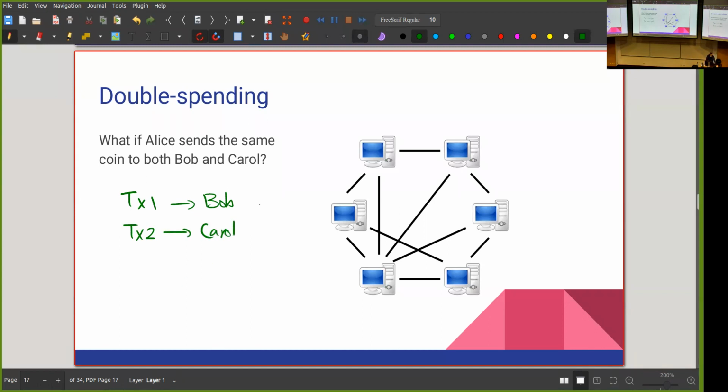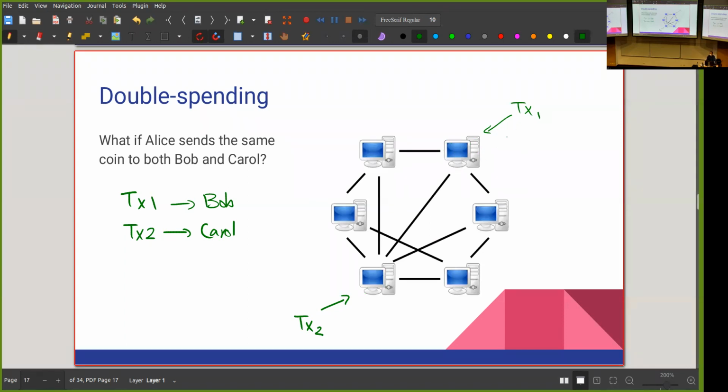Now, as Alice, I can try something really weird here. I can tell this computer about transaction 1. And then maybe I can go to another part of the network and tell some other computer, some other node, about transaction 2. Now what happens? Well, this computer, which knows about transaction 1, verifies that transaction 1 is correct.